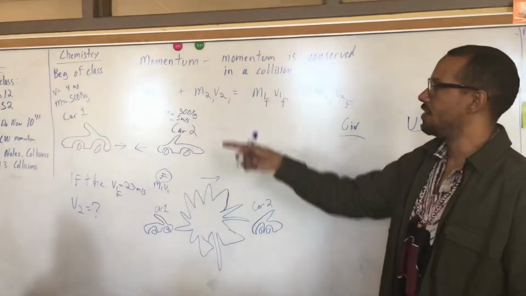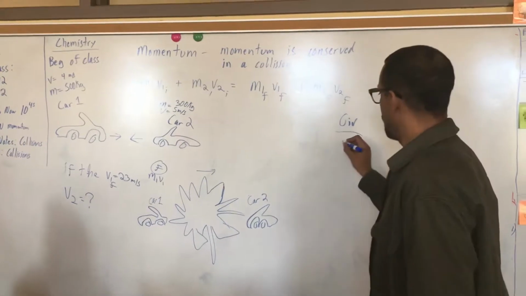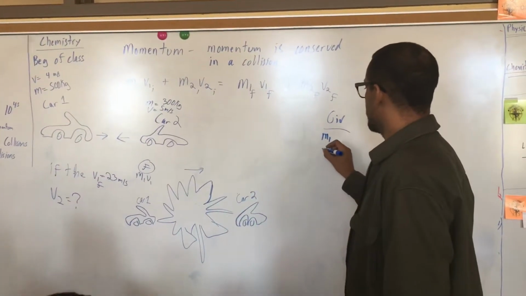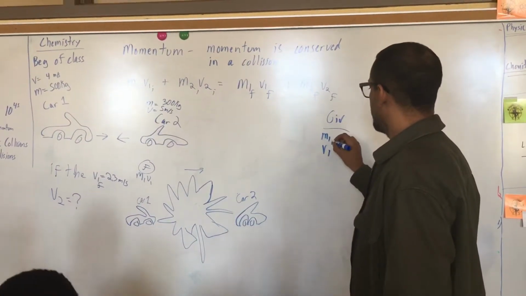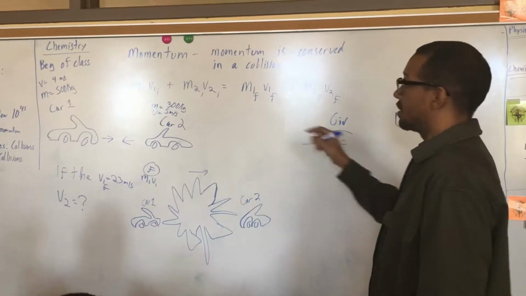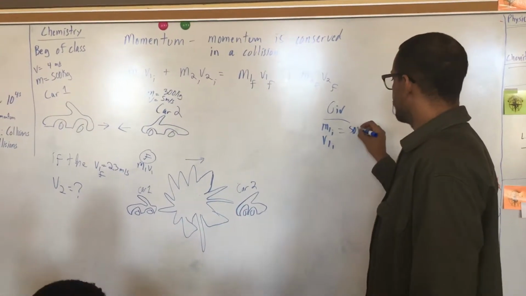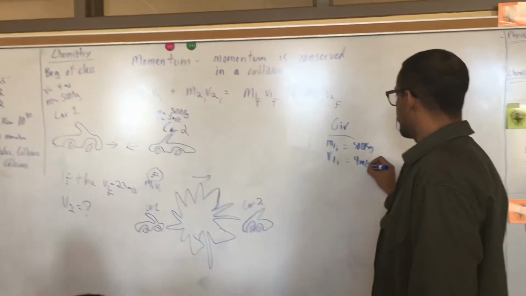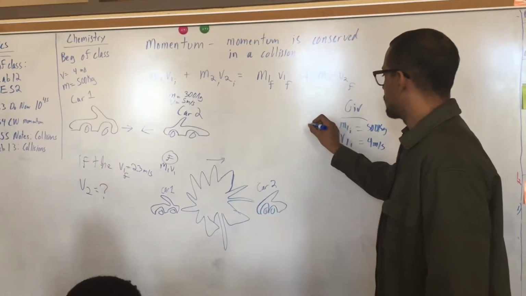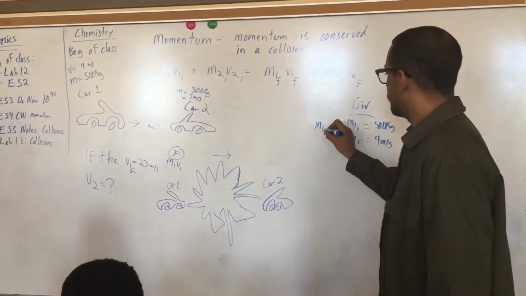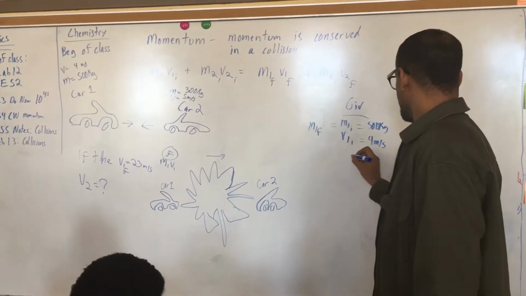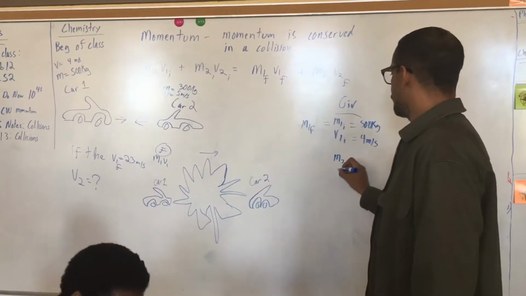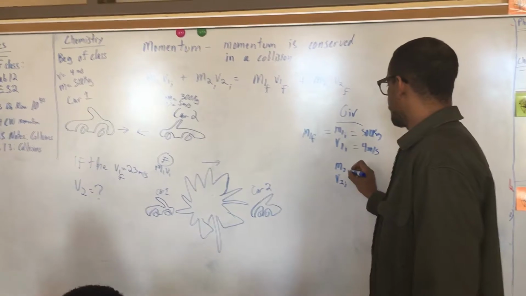All right, so my given information, they gave me M1, V1 initial, and that's going to be 500, 4 meters per second. I know this is also going to be equal to M1 final. Then we got M2, V2 initial.